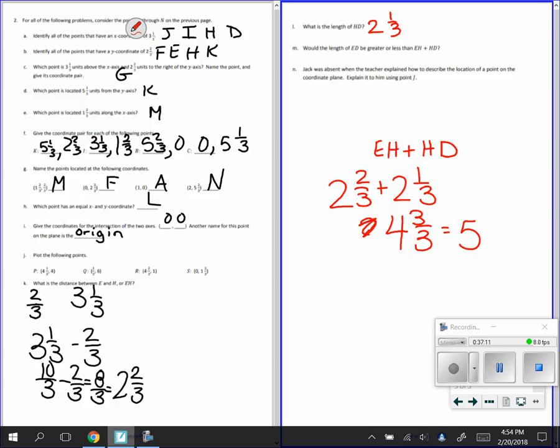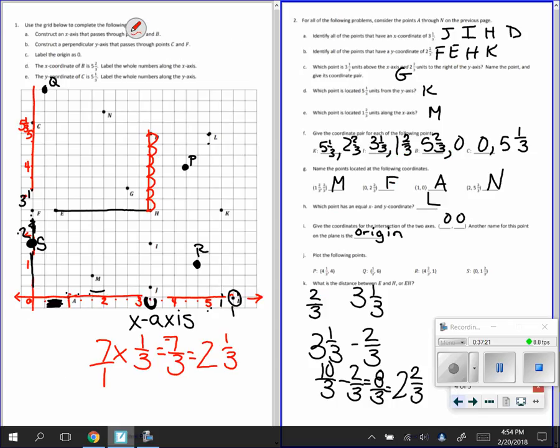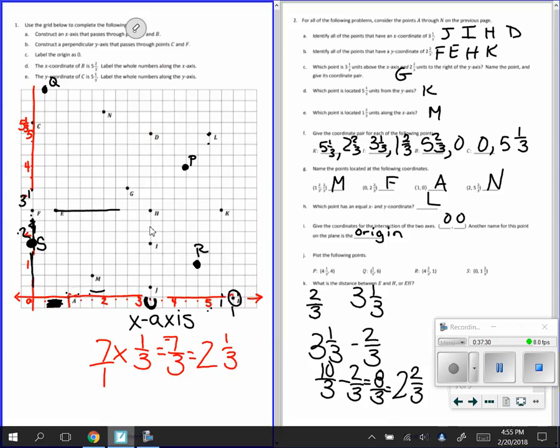So we need to figure out ED. So I got to go back and look at ED. So ED is somewhere. So if I look at 1, 2, 3, 4, 5, oops, that's weird. 1, 2.